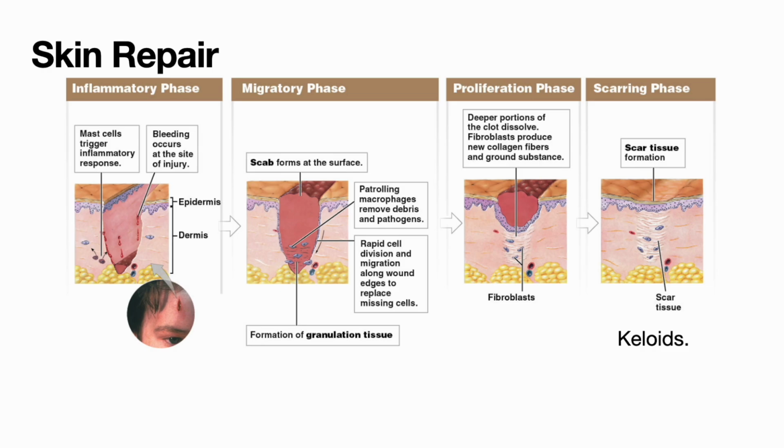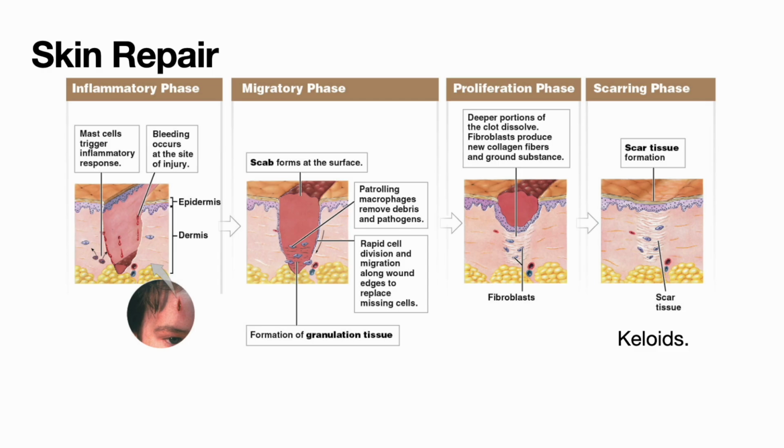So step 2 would be the migratory phase, and this happens within a few hours of the injury. And basically, we're going to see cells of the stratum basale migrating along the edges of the wound, and they will start dividing in order to replace those lost cells. We're going to see macrophages removing debris, and more phagocytes will arrive as a result of the enhanced circulation from the inflammatory phase in order to help clean up that debris. And then we're also going to see clotting taking place around the edges in order to help isolate that region.